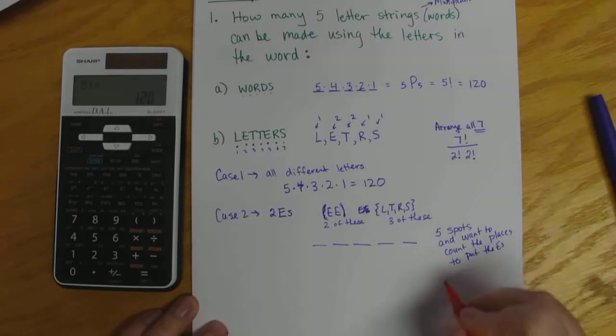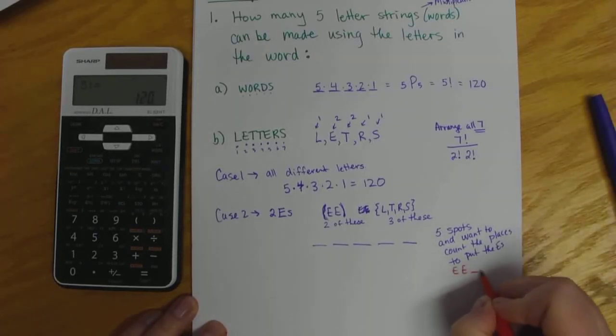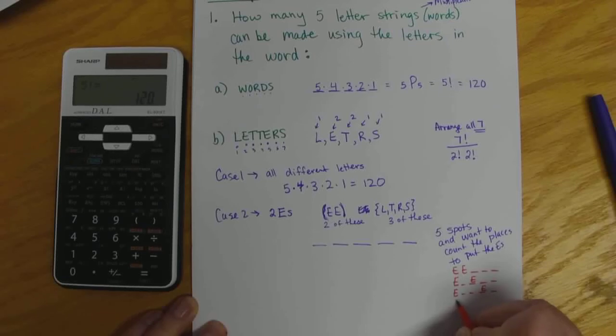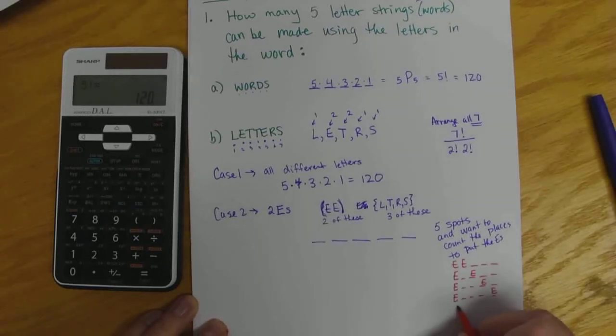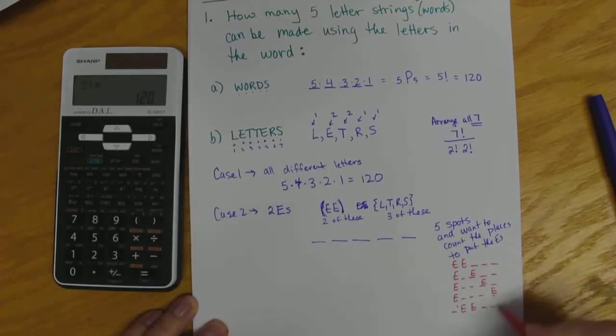So just for example, we could put the E's in the first 2 spots and then have 3 other letters. We could put the E here and here. We could put the E here, here, and then keep counting. We could say blank, E, E, blank, blank. Right? We want to count that.